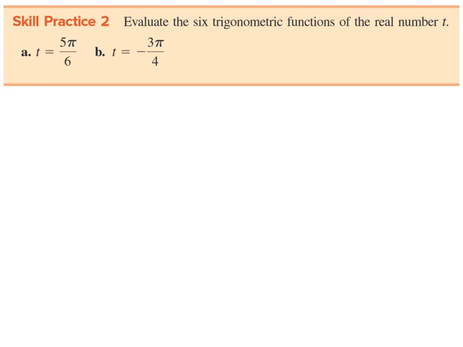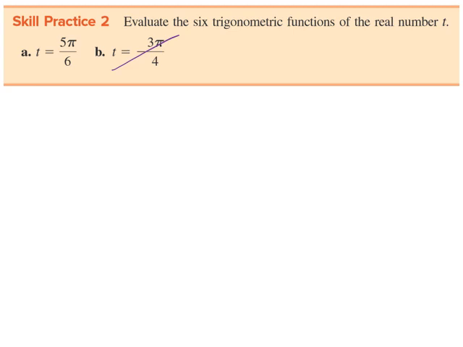Okay, so let's give this one a try. I'm not going to do part B because we've done lots of these. So in this case, we want to find the 6 trig functions that are associated with 5 pi over 6.